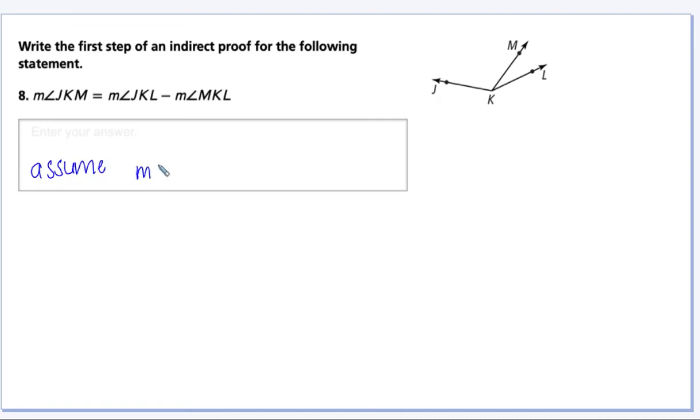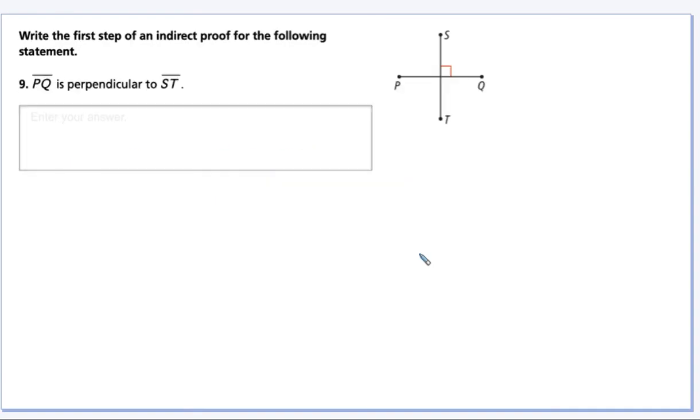So assume the measure of angle JKM, instead of it being equal, we'll say it's not, because I need the negation, is not equal to the measure of angle JKL minus the measure of angle MKL. So typically, with indirect proofs, you look at what you're trying to prove and you assume the opposite is true. Keep reasoning logically until you reach some contradiction.